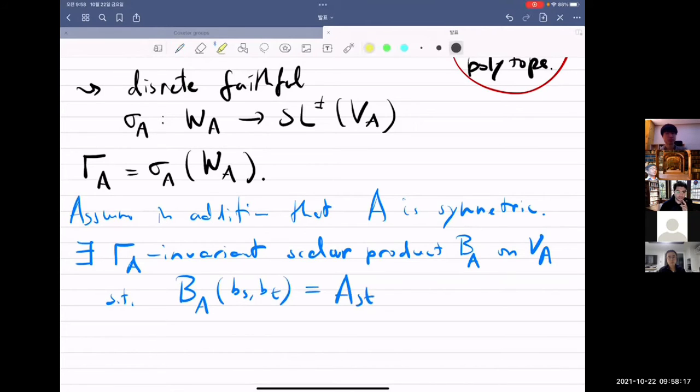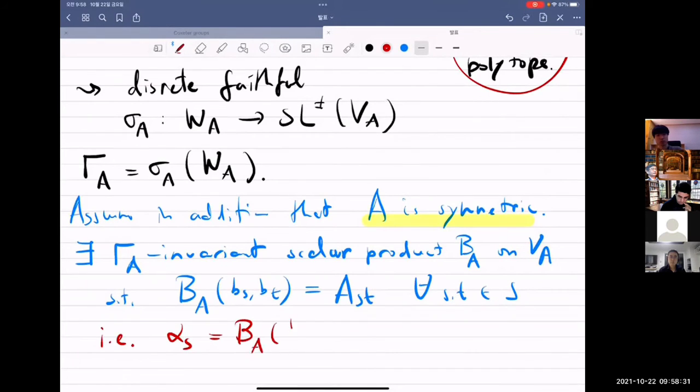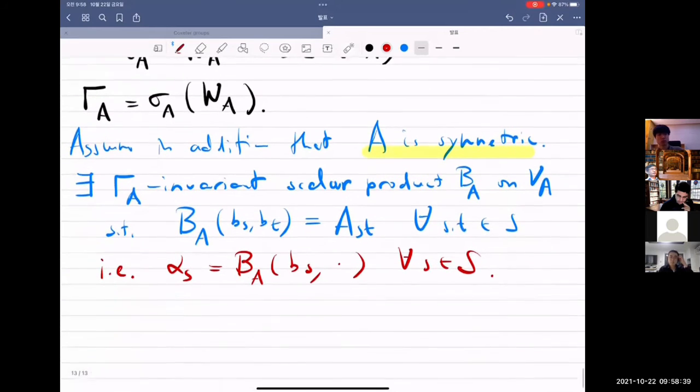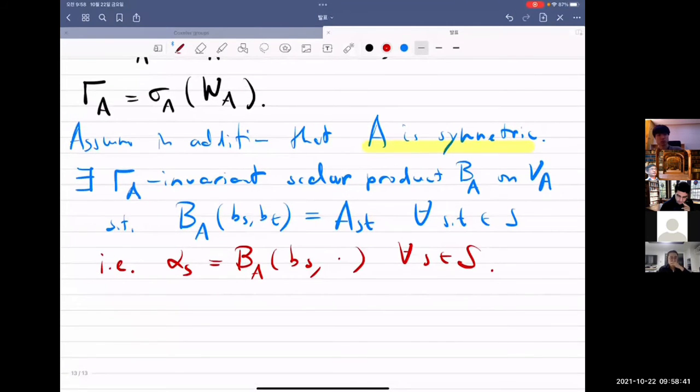Here, as I said, we assume that A is a symmetric matrix, for S,T in S. So in other words, that alpha S linear functional is simply BA of BS, dot, for S in S. So when A is symmetric, there is such a gamma A invariant scalar product.